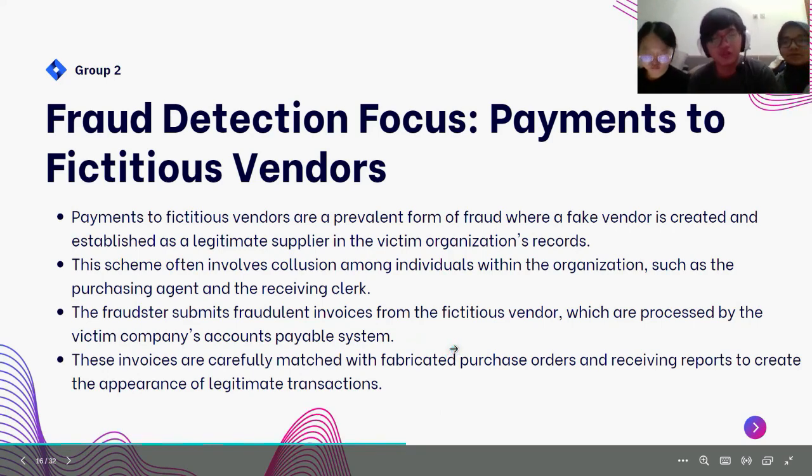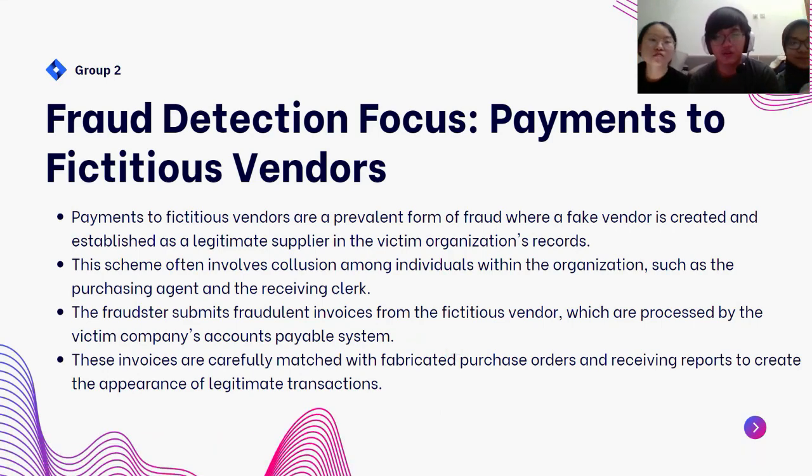So we want to focus on fraud detection. What are the fictitious vendors that we want to audit? The first one is payments to fictitious vendors, a prevalent form of fraud where a fake vendor is created and established as a legitimate supplier in the victim organization's records.